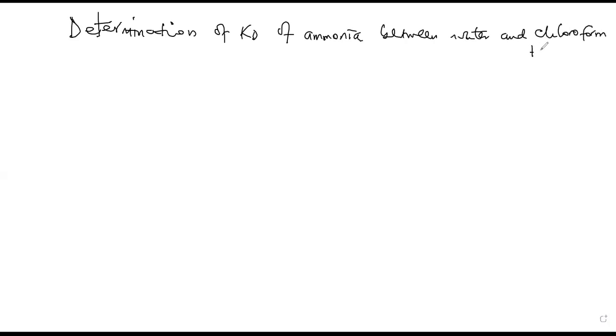So, determination of Kd, or partition coefficient, of ammonia, which is an alkali, between water and chloroform. Chloroform is what we call trichloromethane, so one can call it chloroform or trichloromethane.